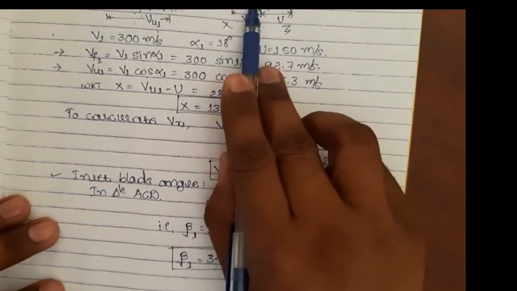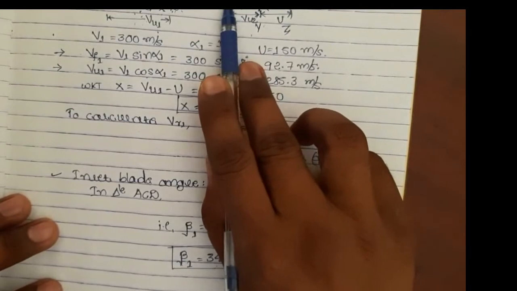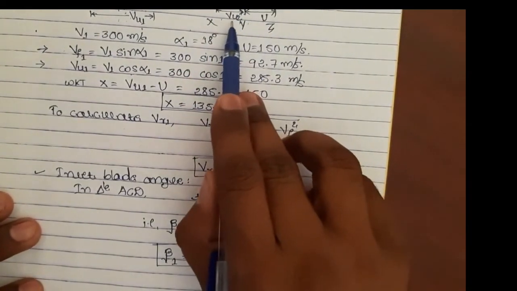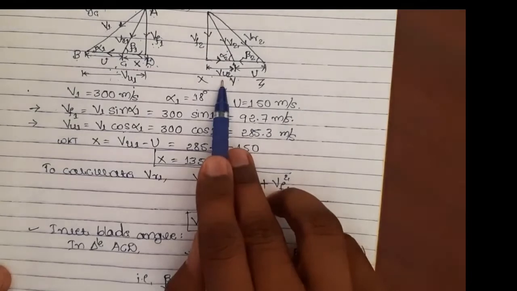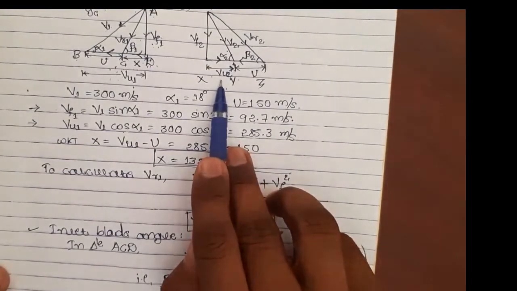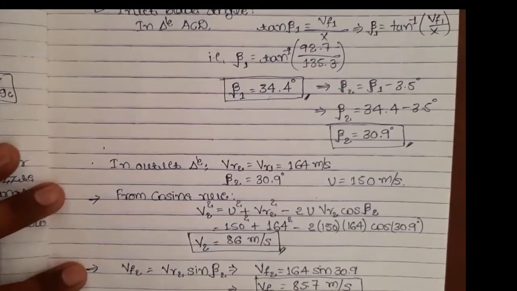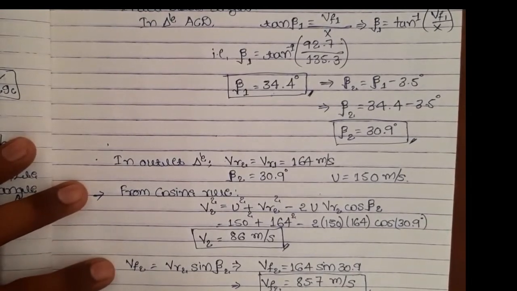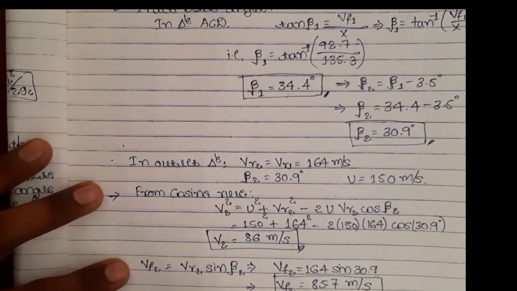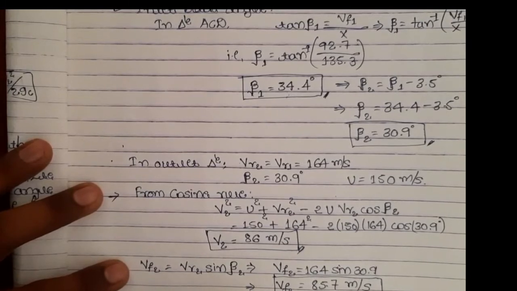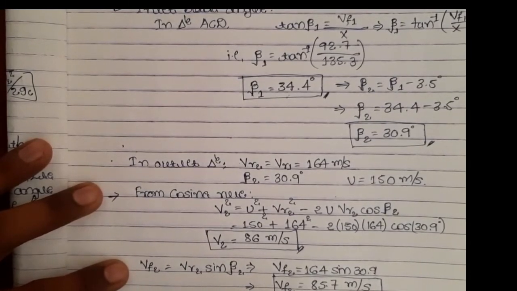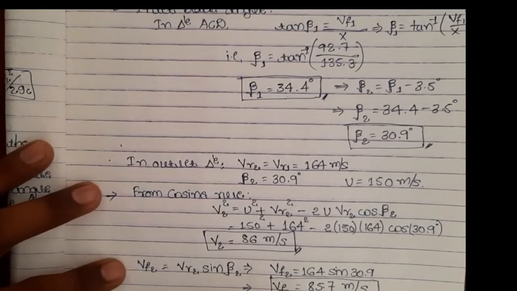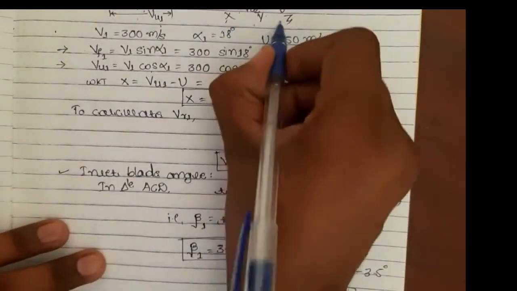So what else remains? In this triangle, we know VR2, we know VF2 also, and we know U also. The only thing that remains is the calculation of VU2. So let us calculate VU2. It is nothing but VU2 is equal to U minus this side xz.